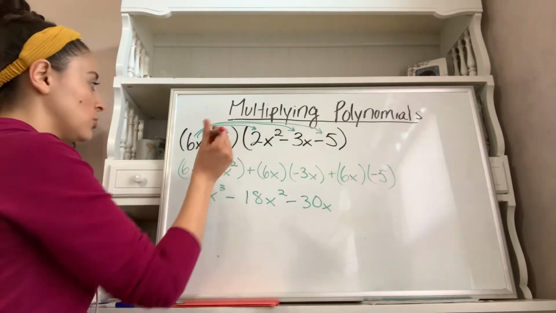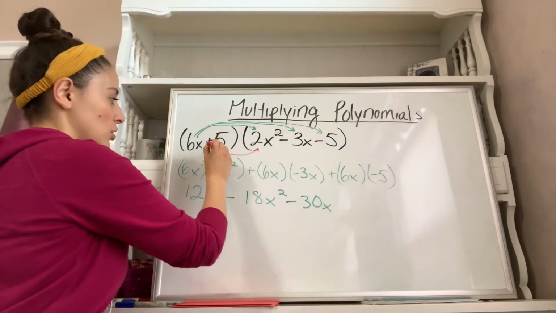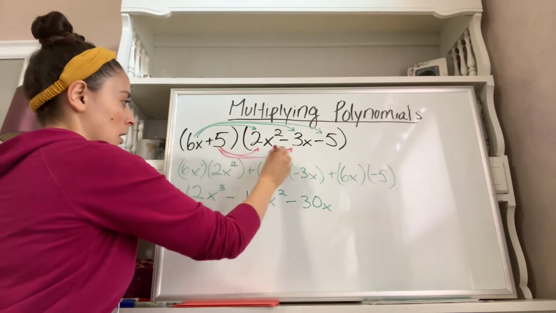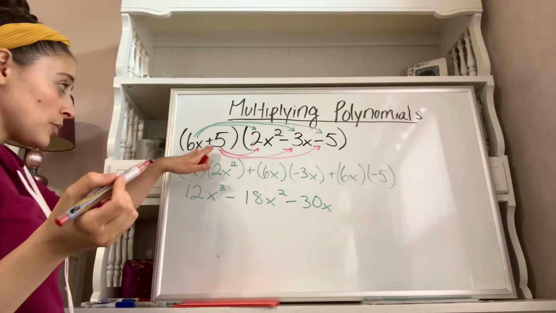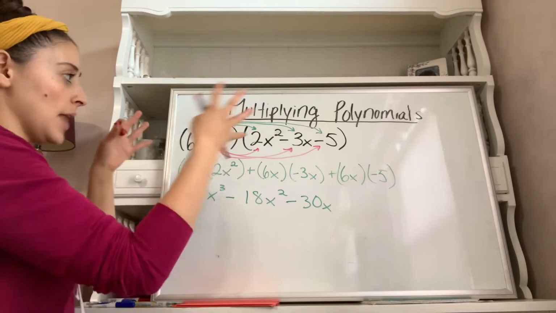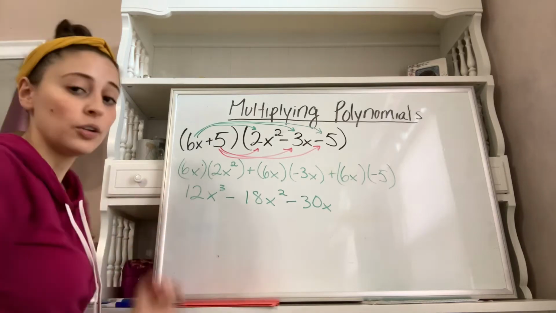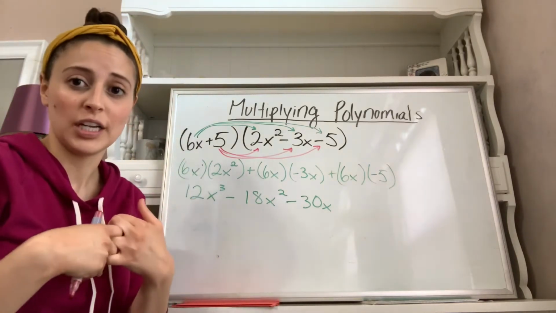Now we have to do the same thing, but with the 5. So it's going to be 5 times the 2x squared, times the minus 3x, and times the minus 5. Okay, so we are going to multiply those, and then we're going to have two different polynomials that we're going to be adding together. So then this just becomes a polynomial addition problem.